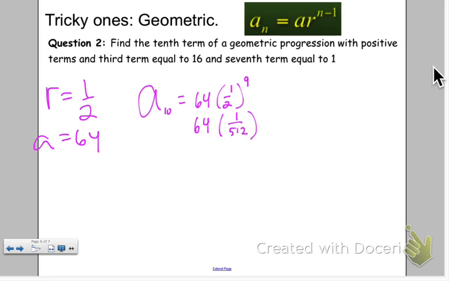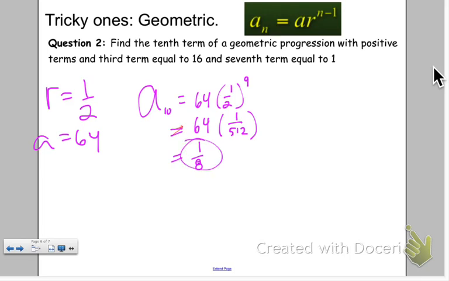Now, because this is a power of 2, and we got a power of 1/2, you could be more clever, but let me just solve this one. Multiply these out and you get 1/8.